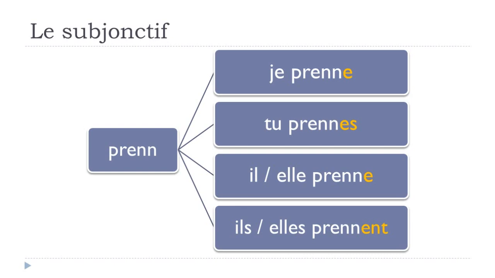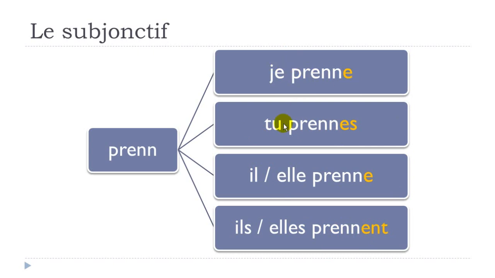I mean, these endings are quite common, and we've been encountering these endings previously. If you think about the present form, it looks a bit familiar, okay? So, je prenne, tu prennes, il prenne, elle prenne, ils prennent, elles prennent. Then phonetically, as usual, remember, we've got only one form here.